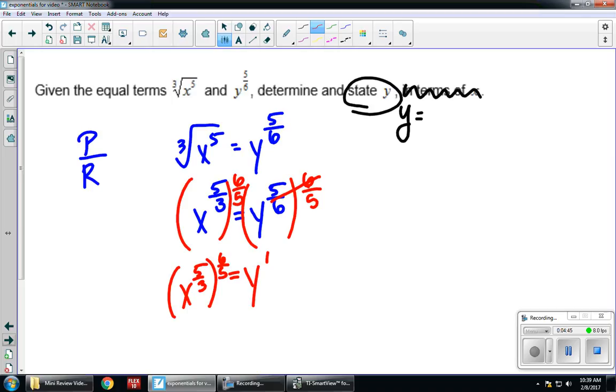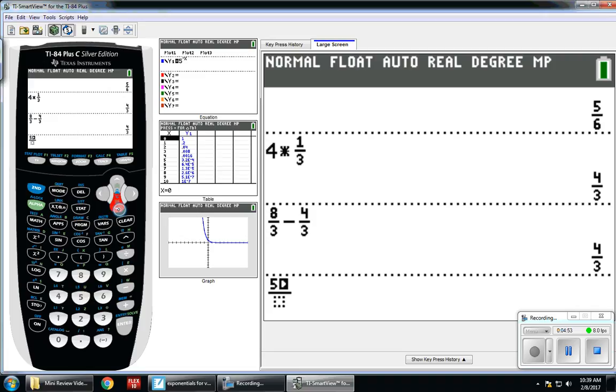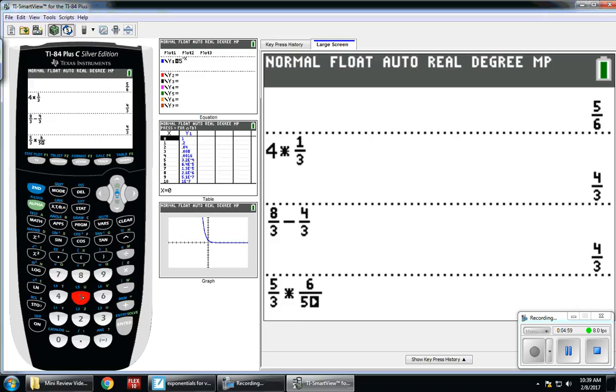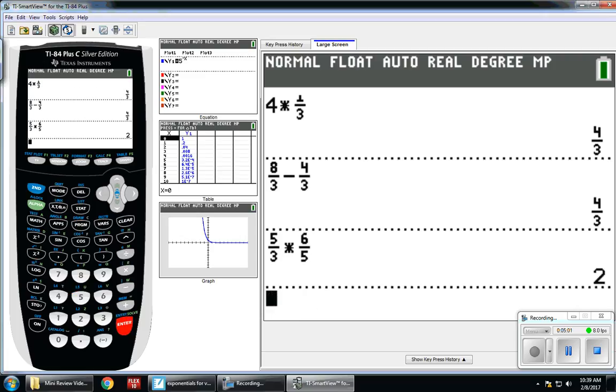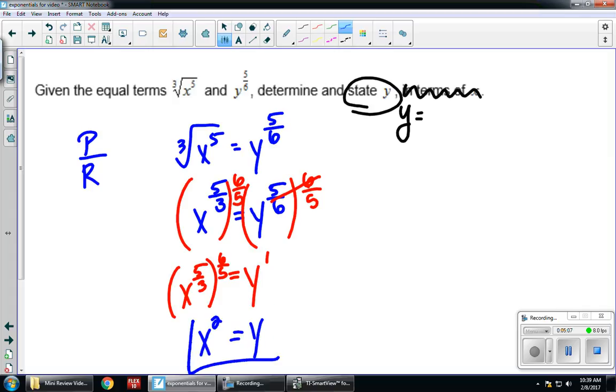Power to a power tells me to multiply, so back to my calculator, I'm going to do 5/3 times 6/5, and we get 2. So that means that y is equal to x squared, and they wanted us to solve for y. That's it.